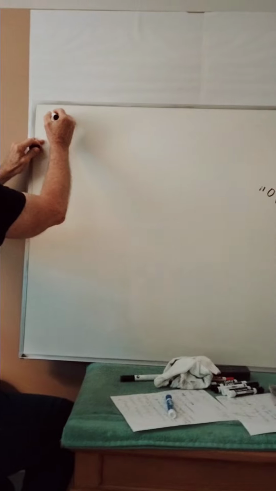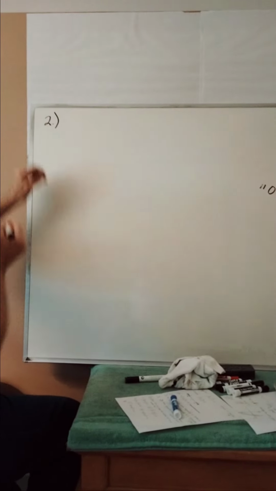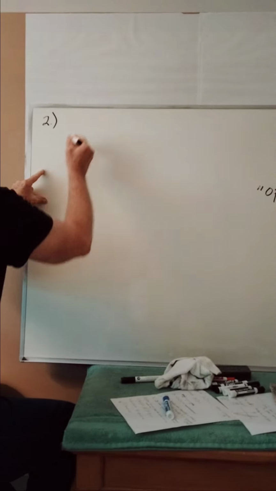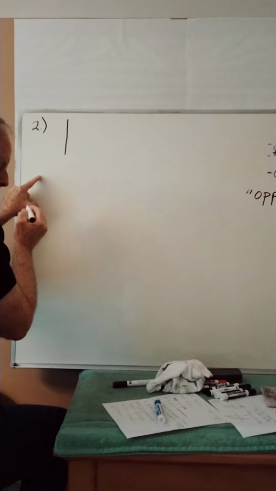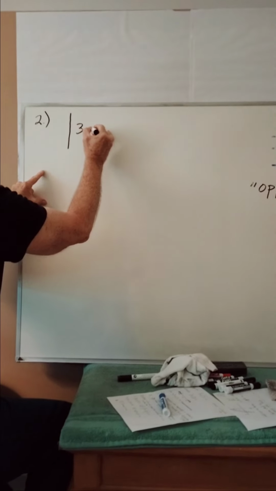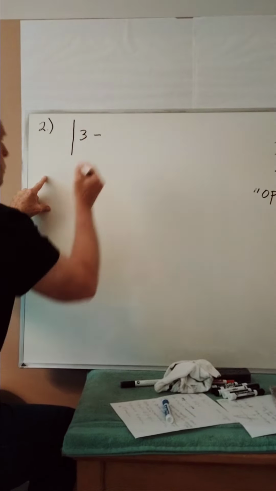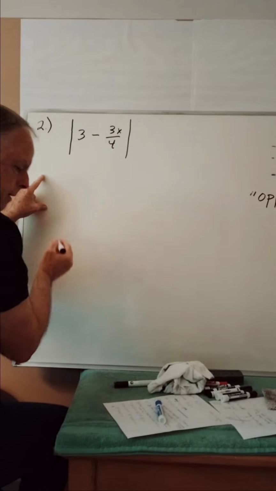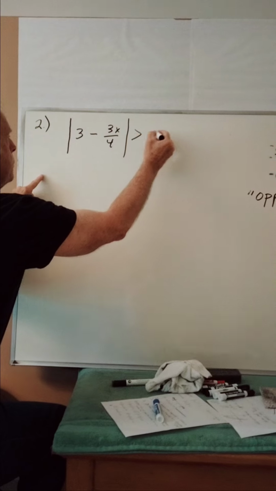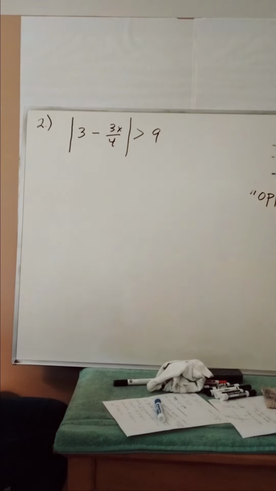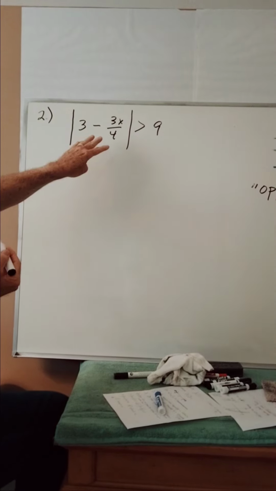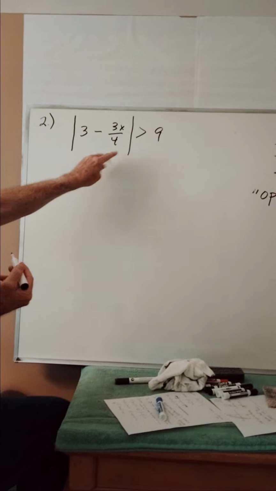Number 2. The absolute value of 3 minus 3x over 4 is greater than 9. Absolute value is isolated.